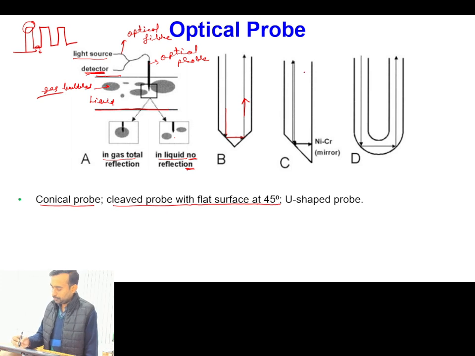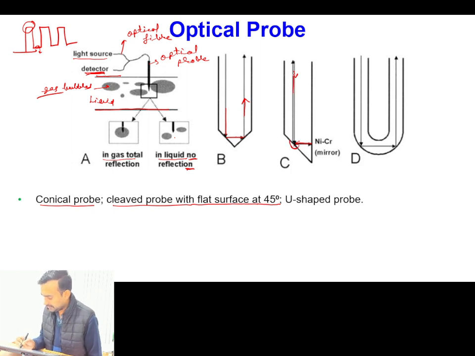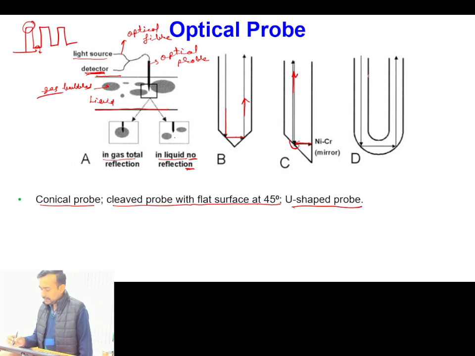So this is a cleaved probe where this is the incident ray, then it reaches this surface. Here we have a mirror, and from this mirror it reflects and reaches here. Here, depending upon the gas-liquid interface, it will again reflect, and my detector signal will move in the same path. And this is a U-shaped probe. In the case of the U-shaped probe, the incident signal comes from here, then moves like this, and then moves like this.